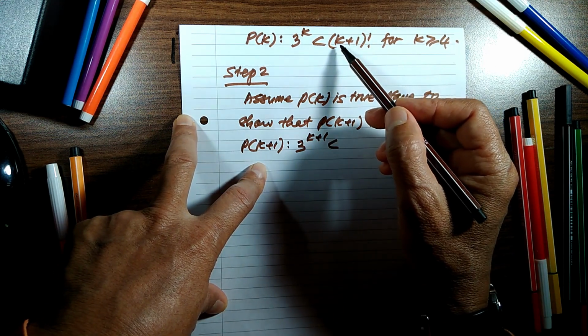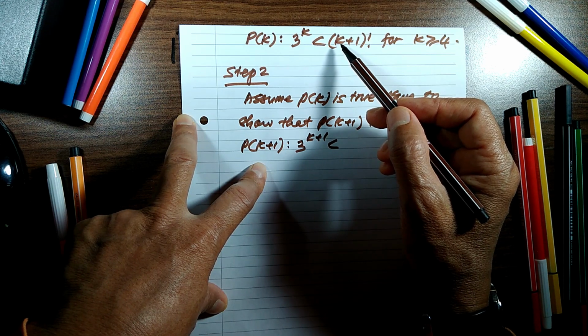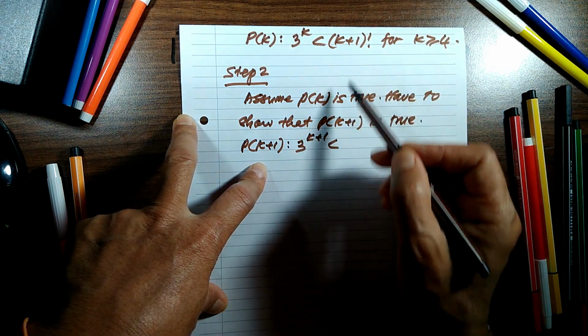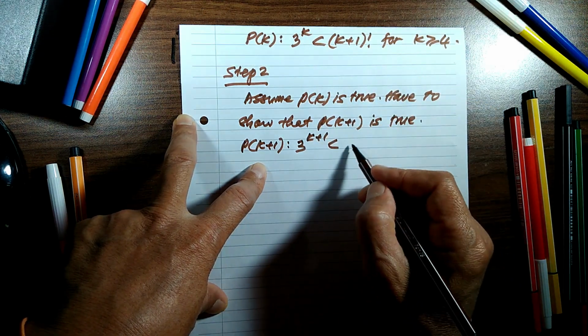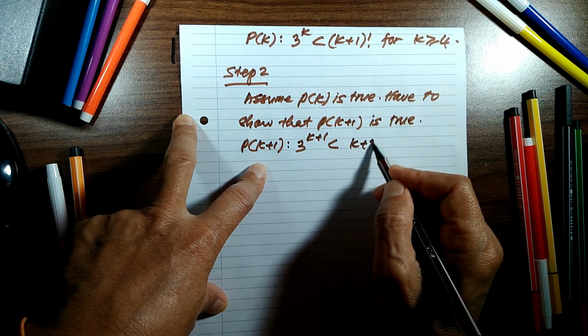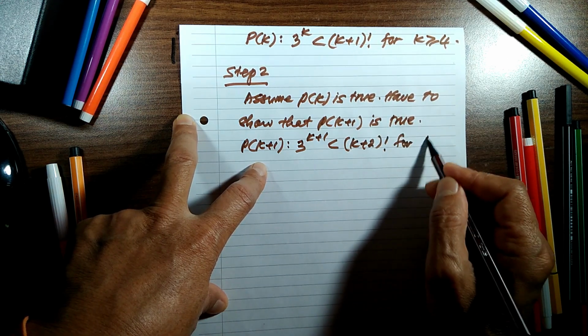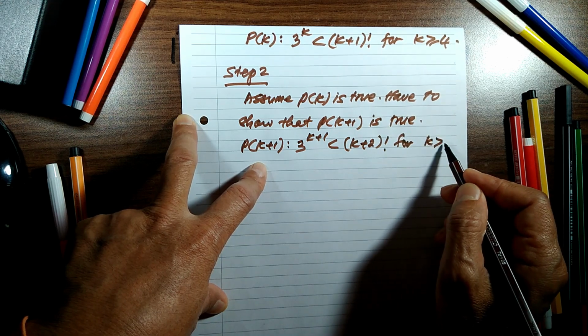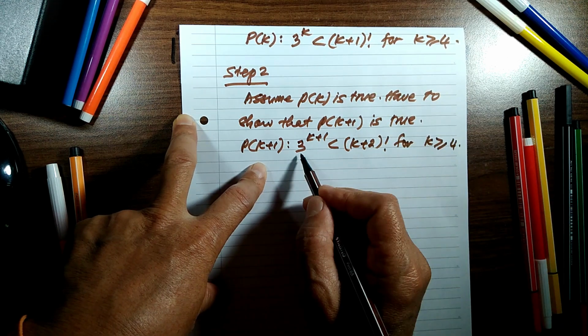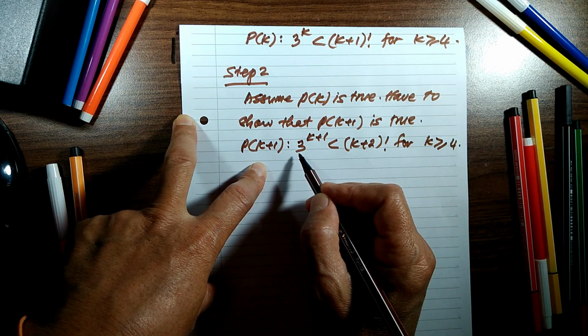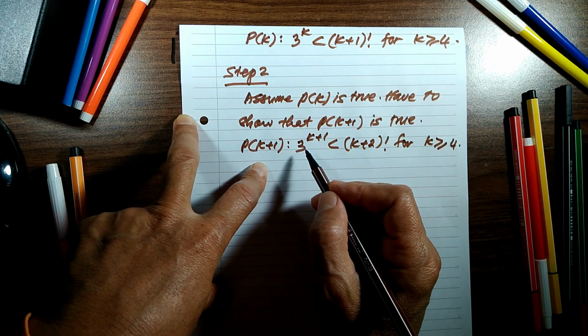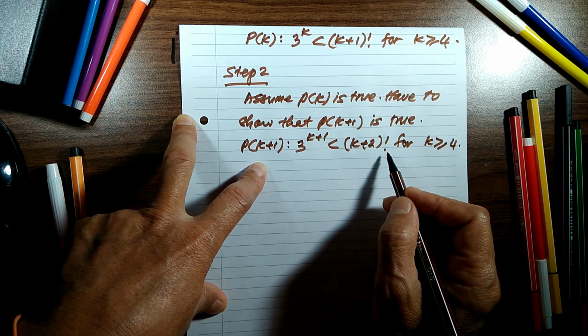Whenever we see k, we replace it by k plus 1. So k plus 1 plus 1, so we have (k plus 2) factorial, for k greater than or equal to 4. This is what we have to show, that is 3 to the power k plus 1 is less than (k plus 2) factorial.